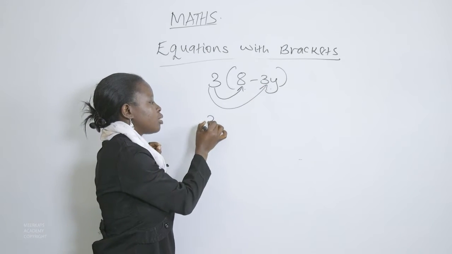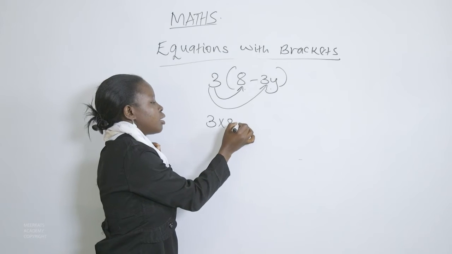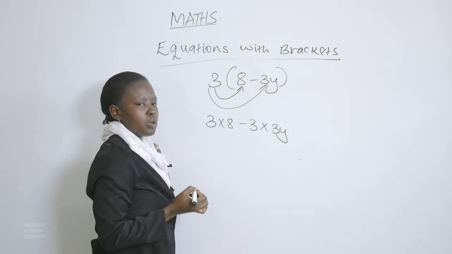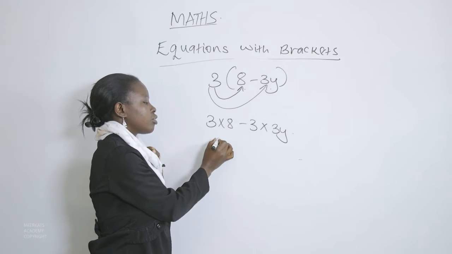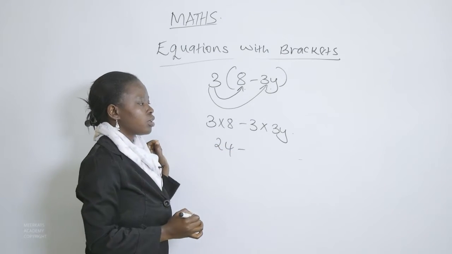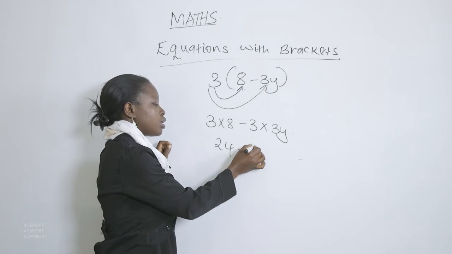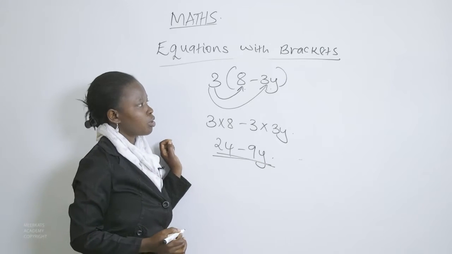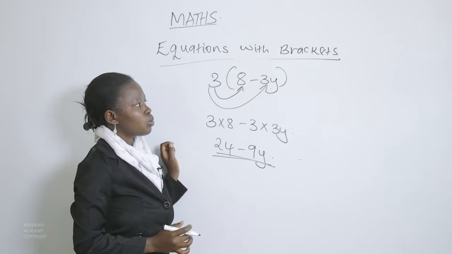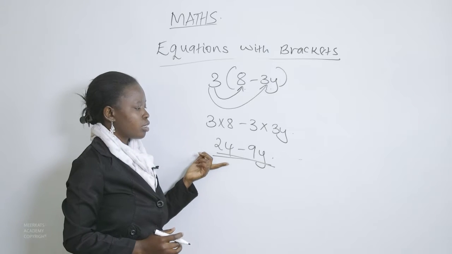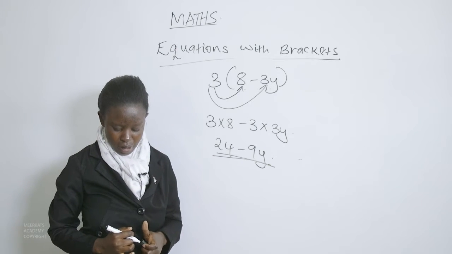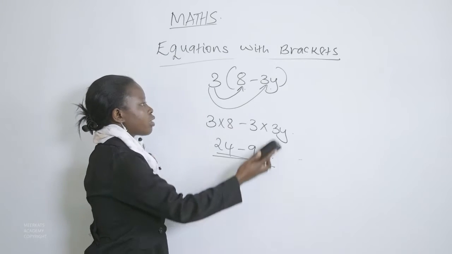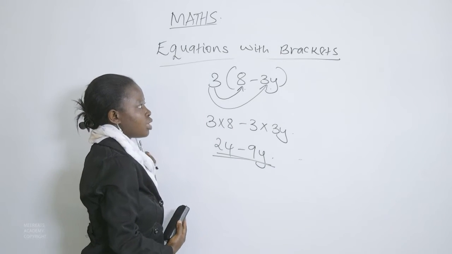So this is 3 multiplied by 8, minus 3 multiplied by 3y. 3 times 8 gives us 24, then 3 times 3y gives us minus 9y. So the expanded expression for 3 into 8 minus 3y is 24 minus 9y.